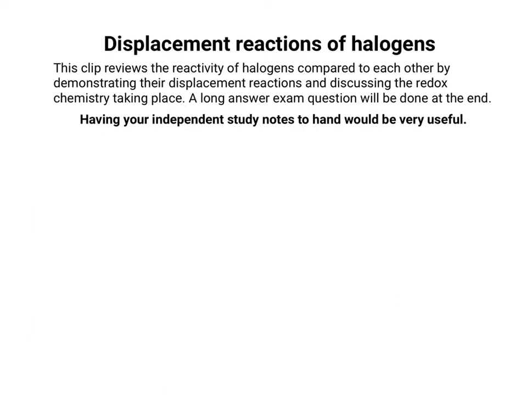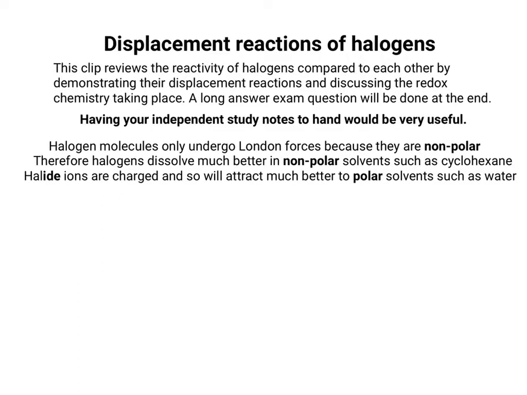So now what we can do is have a look at what happens when you dissolve the different types of halogens and halides. I'm going to play you a short clip now of when I dissolved halogen molecules in cyclohexane. This illustrates quite graphically the fact that halogen molecules only undergo London forces because they're non-polar.